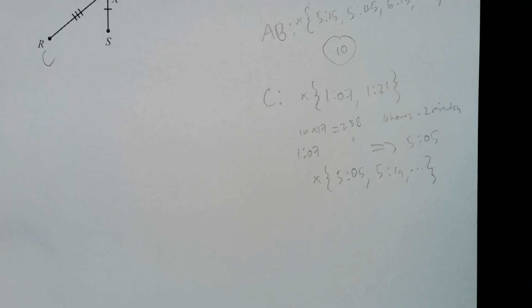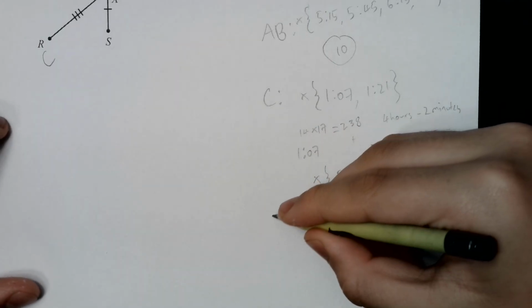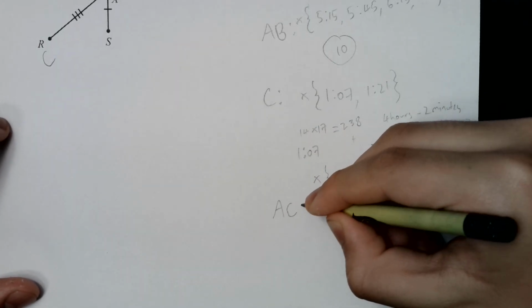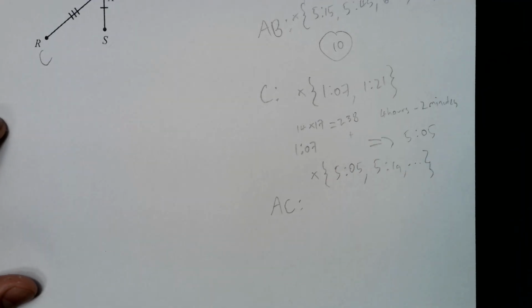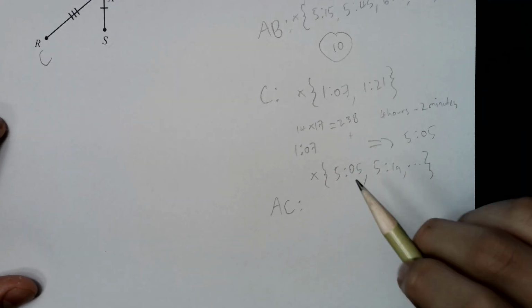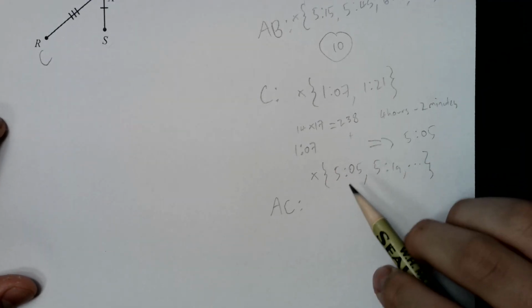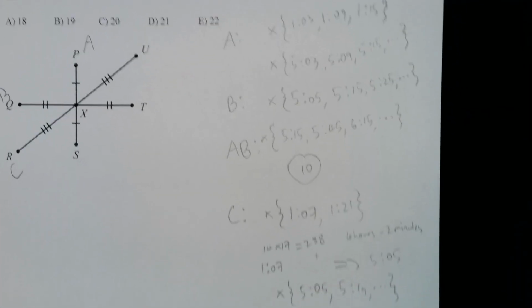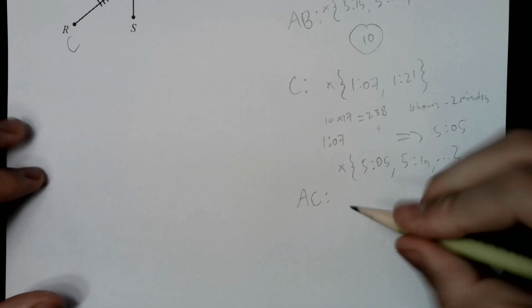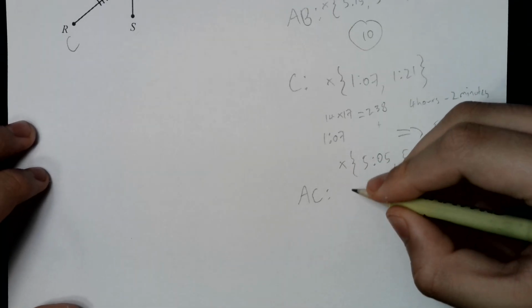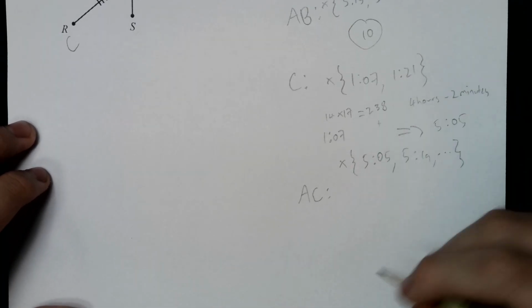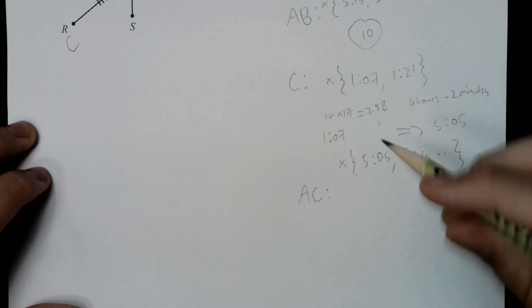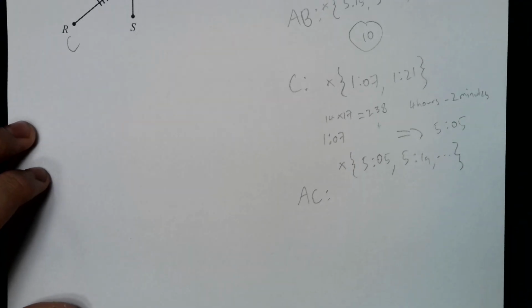Now we can look at the other relations. Let's first start off with AC. AC is going to be pretty simple. As you can see here, the interval between the x values for C is going to be 14, and for A it is 6. And so the least common multiple of 6 and 14 is going to be 42. This means that the interval between A and C is going to be 42 per x value.